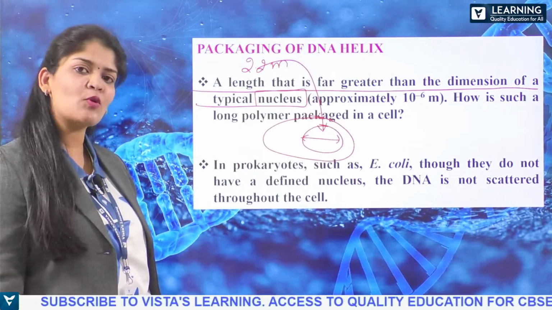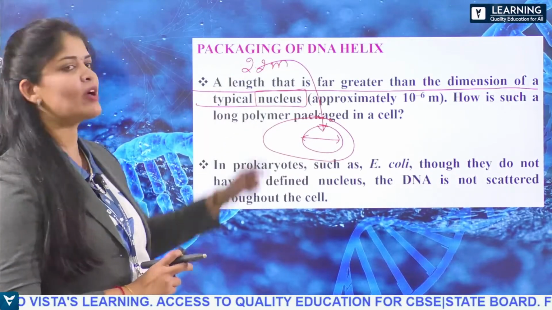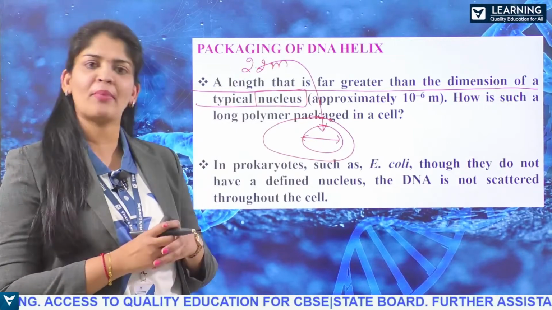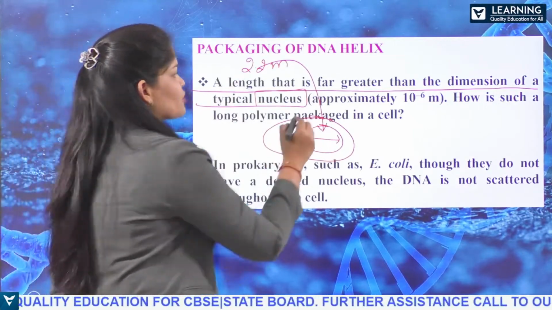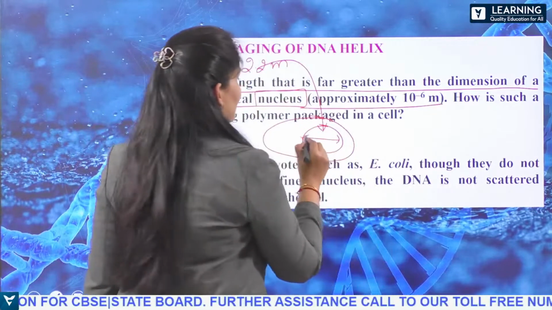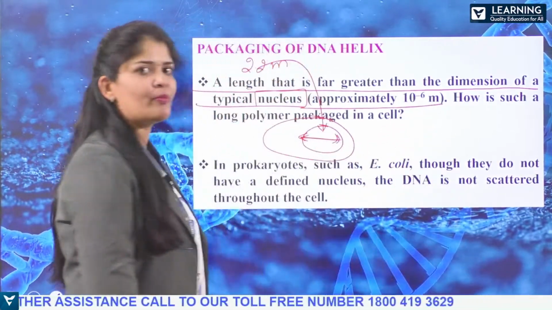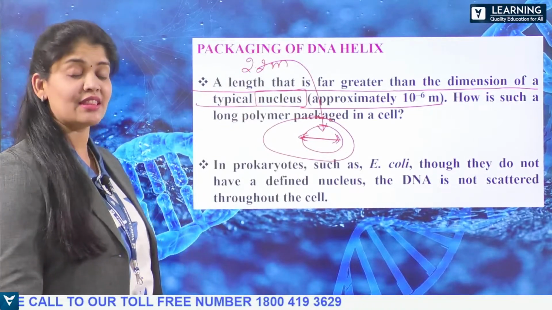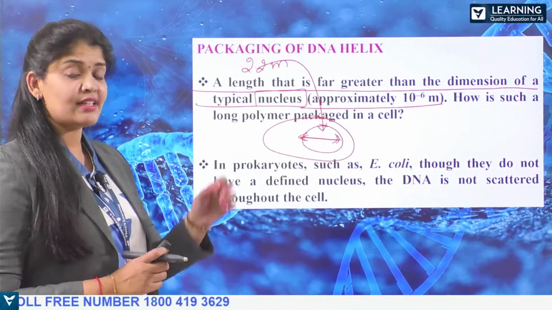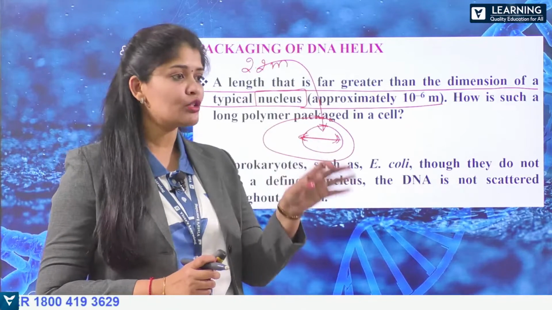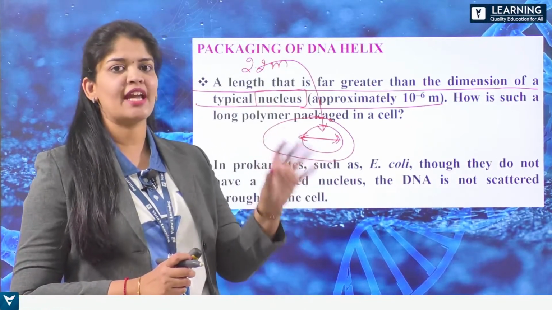How is it possible? That is possible because of packaging, very compact packaging. Approximately, the dimension goes like 10 to the power of minus 6 meters. In that small space of the nucleus of the cell, the DNA has to get its accommodation.